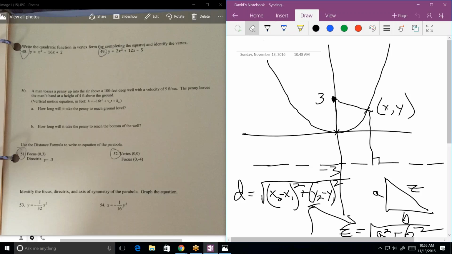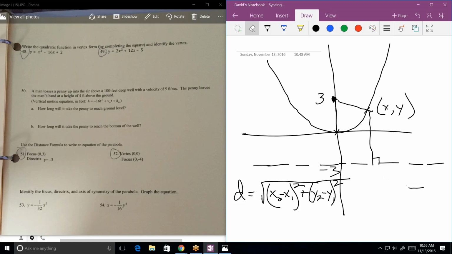So let me erase this, but that's one way to memorize the distance formula: if you know how to solve for the hypotenuse of a right triangle, that's what the distance formula does. Okay? So I know that distance 1 has to be equal to distance 2, correct?